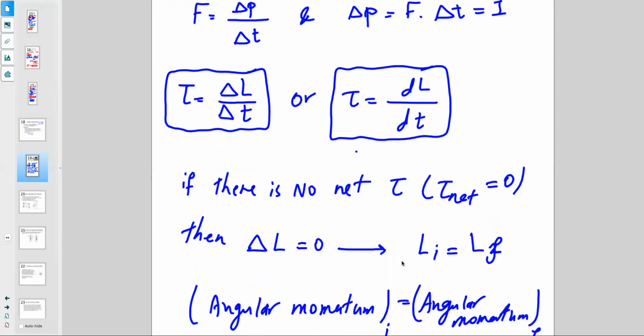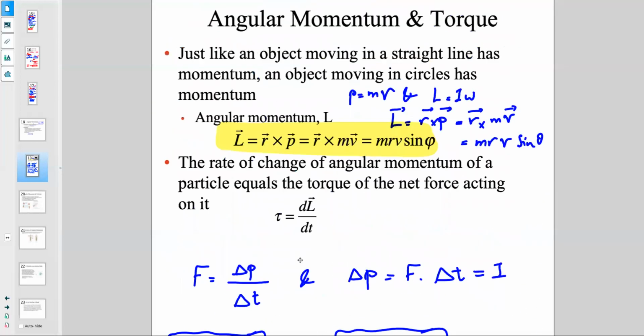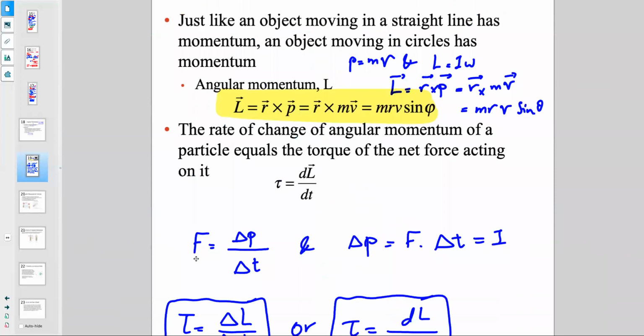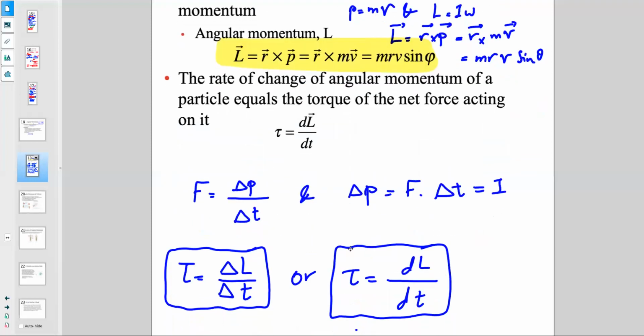It's the same concept we had: if there is no net force acting on the system, then its linear momentum should not change. In other words, if F is 0, delta P is 0, and P1 and P2 will be equal. We had the same concept.